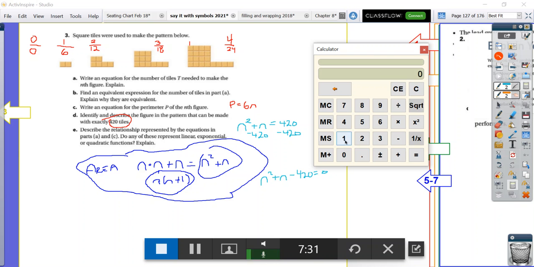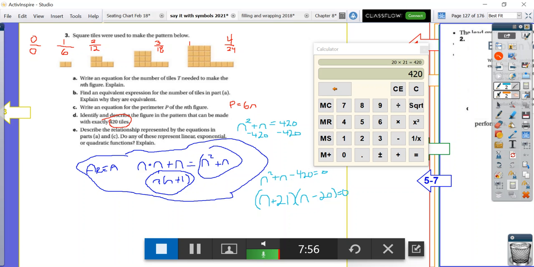I'm guessing that 20 times 21 equals 420. It does, look at that. So then we know that this can factor to n, and that's positive, so 21 has to be positive, 21 times n minus 20. And that again equals 0.